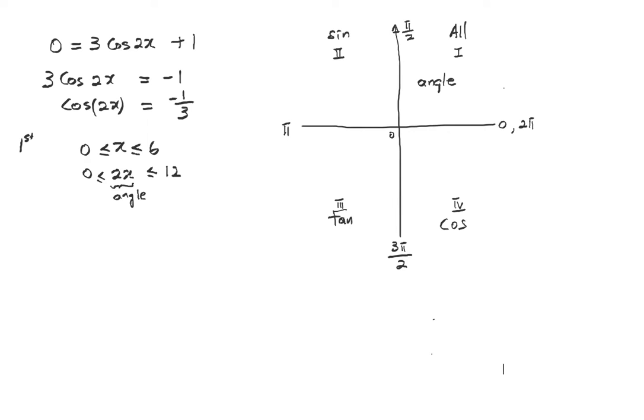The angle is equal to the acute angle. So that means our second step here, we must find the acute angle. When I say acute angle, I use the letter A to represent this acute angle.